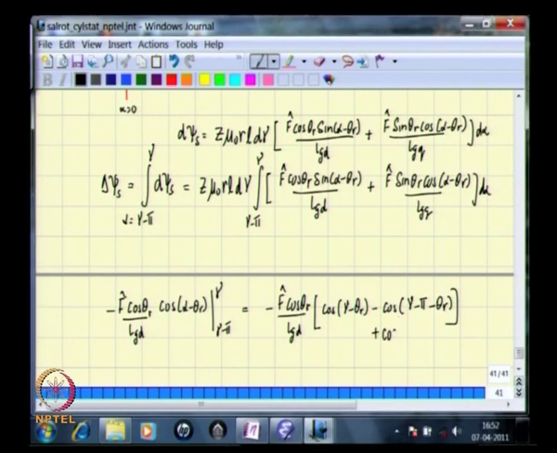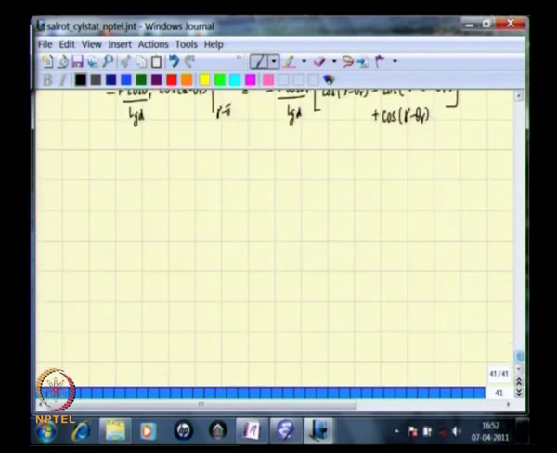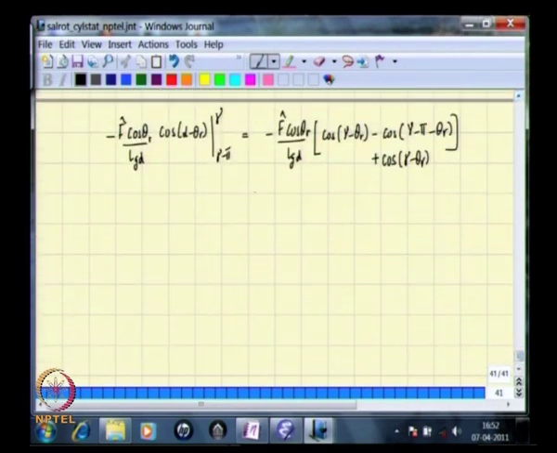So this becomes plus cos of gamma minus theta r, and therefore this first term reduces to f hat cos theta r minus 2 times cos of gamma minus theta r by LGD.